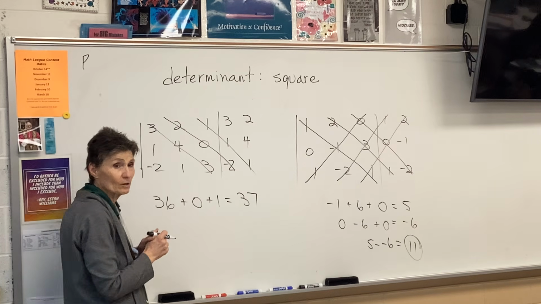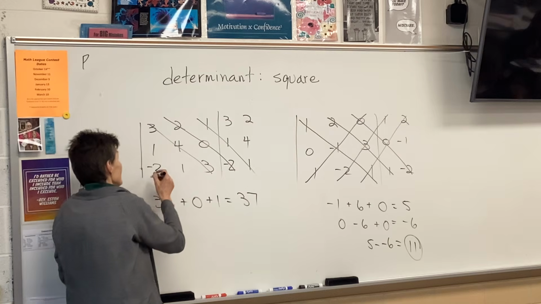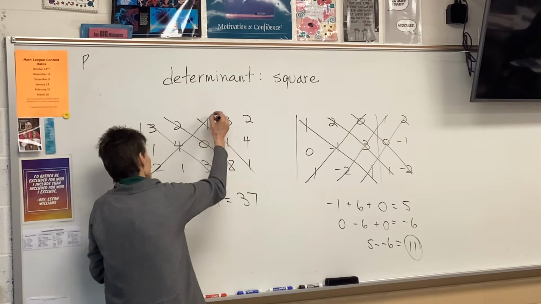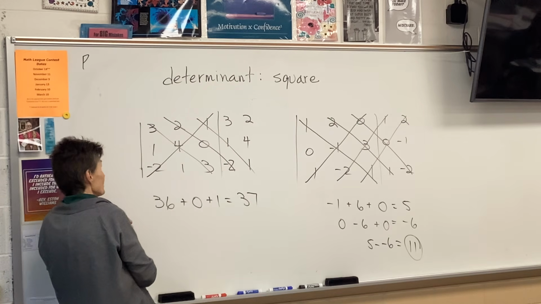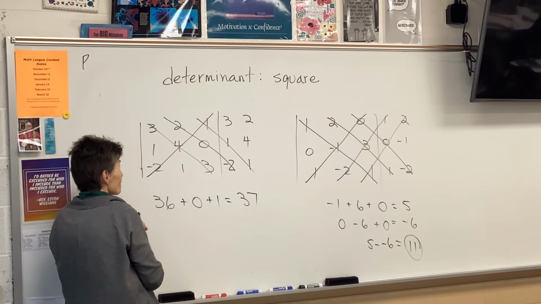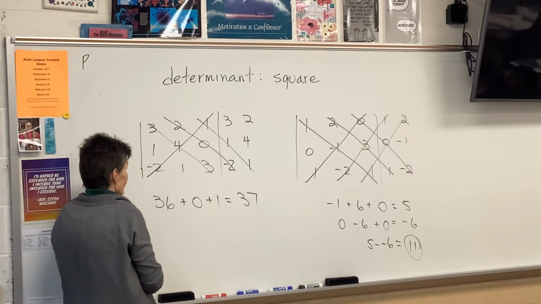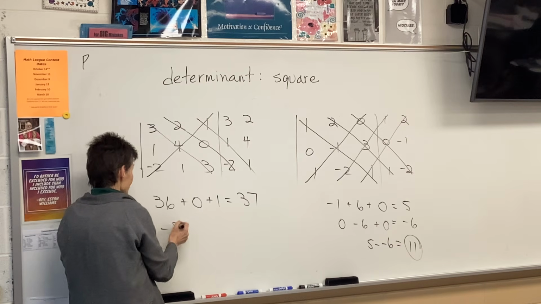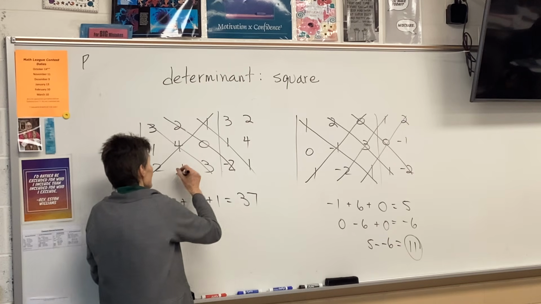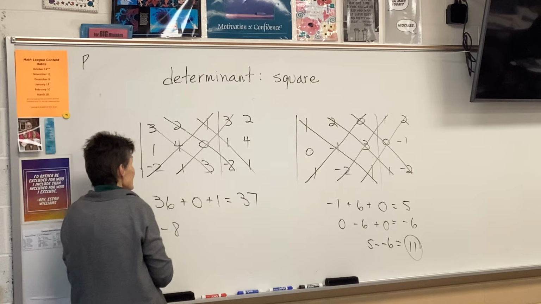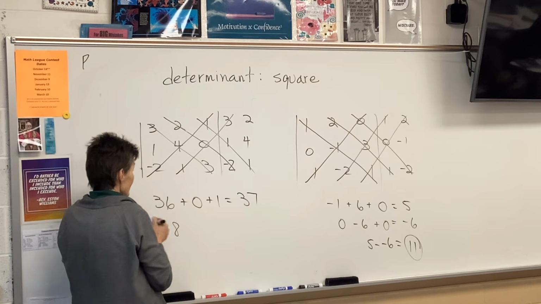Then turn around and go the opposite way. Multiply, multiply, multiply. So that is going to be -8. These three, multiply them together. Those three will make a 0.